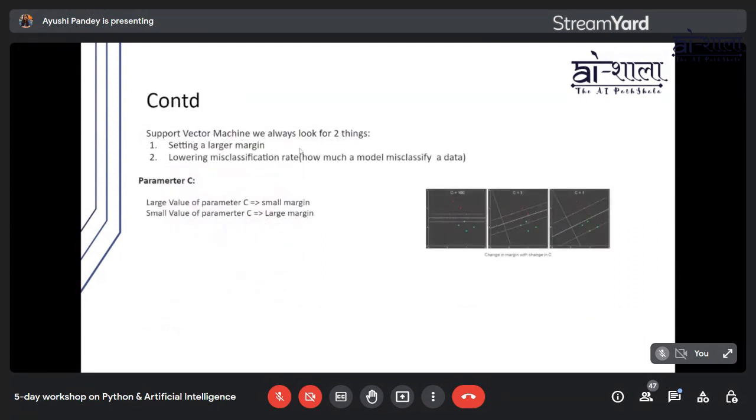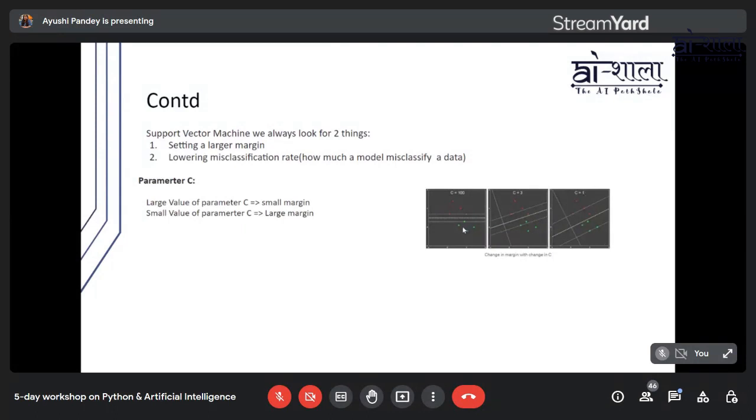In support vector, we look for two things. First is the setting of the margin, and we want a lower misclassification rate. You can see in this image, C equal to 100 gives a narrower margin, C equal to 10 is wider, and C equal to 1 is wider still.